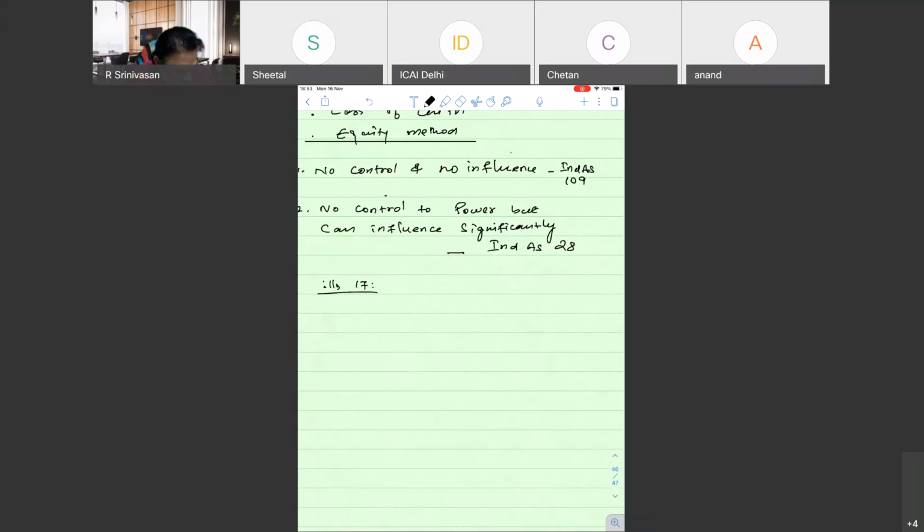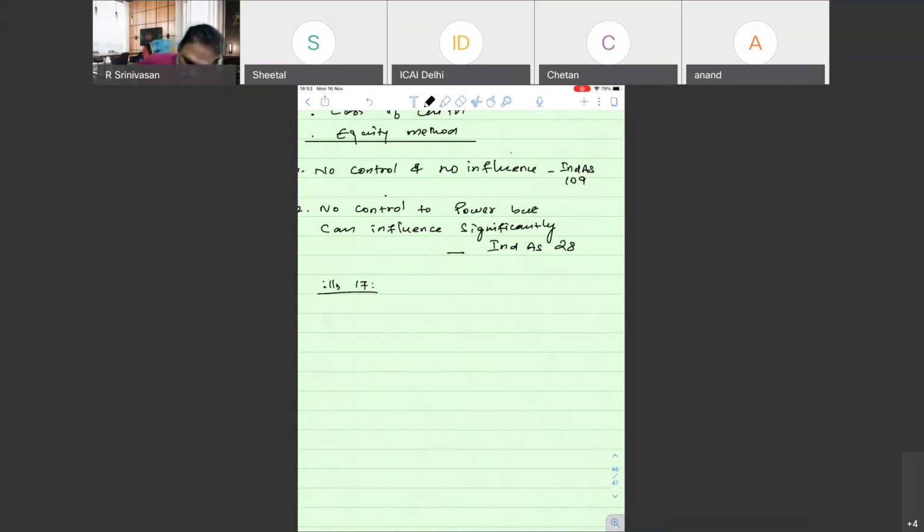P does not have significant influence over Q. Definitely you need not do anything, so no consolidation. P does not have joint control or significant influence over Q, which is a joint venture. Q's business is a joint venture, P has investment in Q, and P does not influence Q. So where will this go?